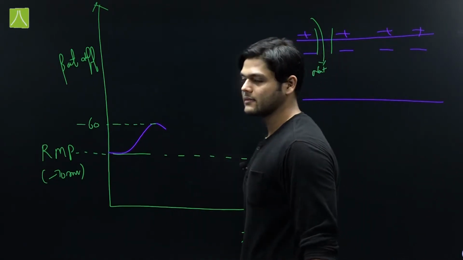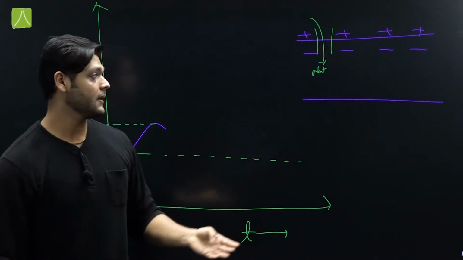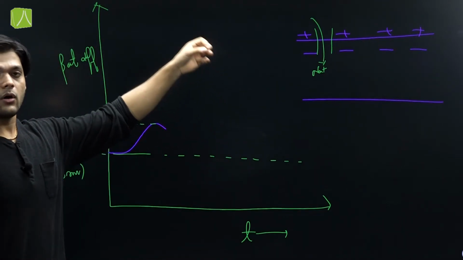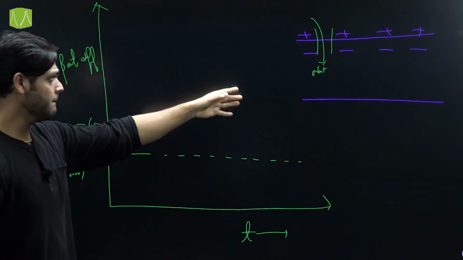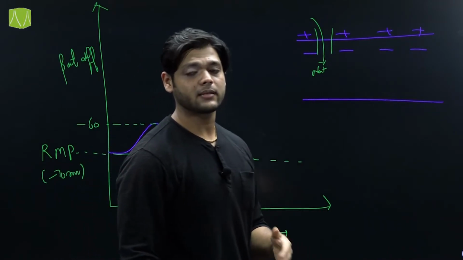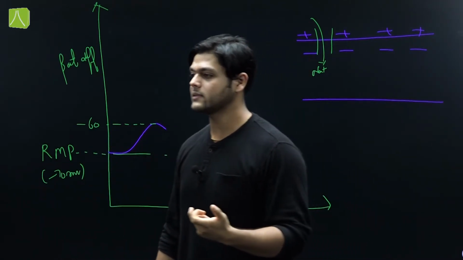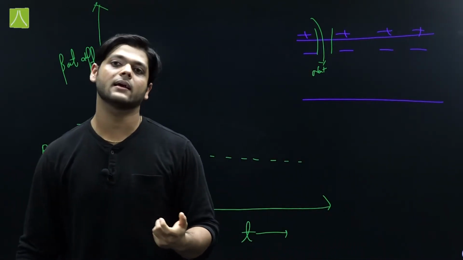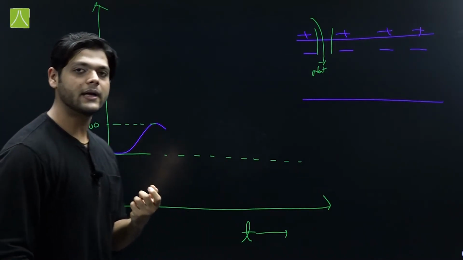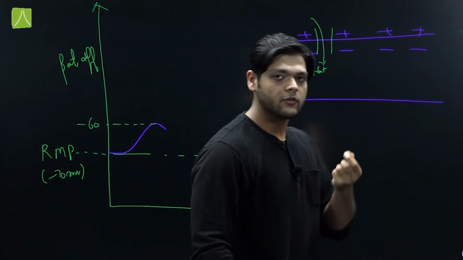We already discussed that there are lots of types of ion channels. On every stimulus or every impulse which is received by a dendrite, some ion channels are opened, and the first ion channel that will be opened is the mechanical gated ion channel. A mechanical gated ion channel can open on even a small stimulus.